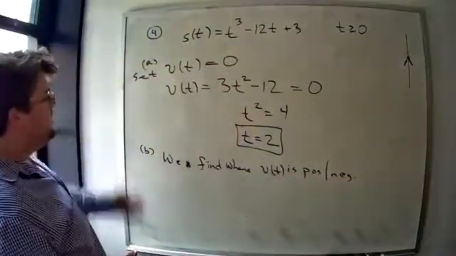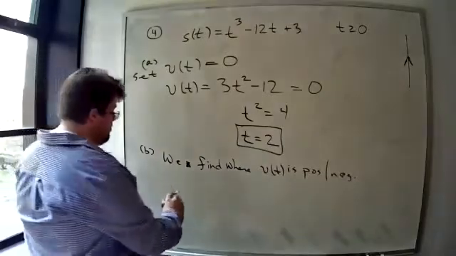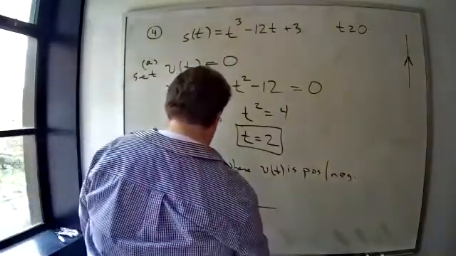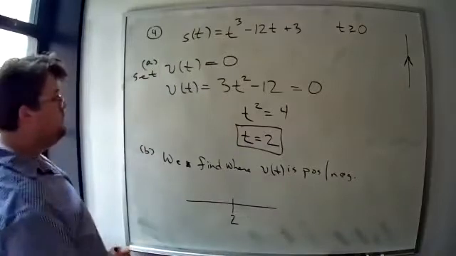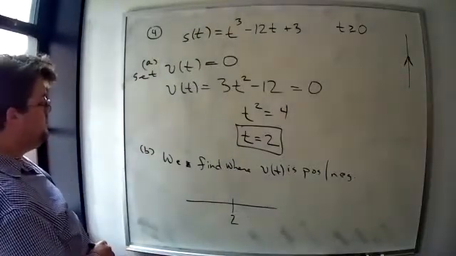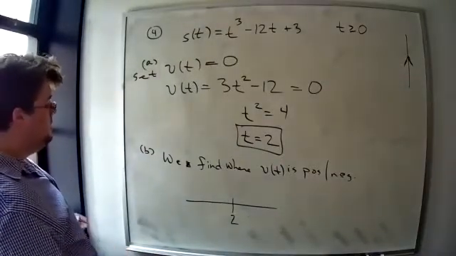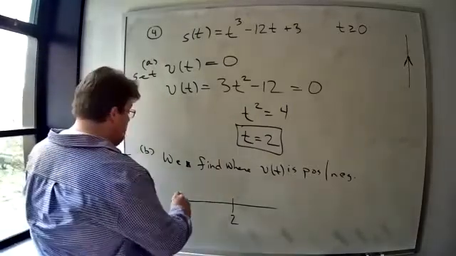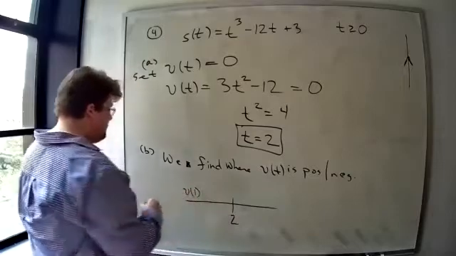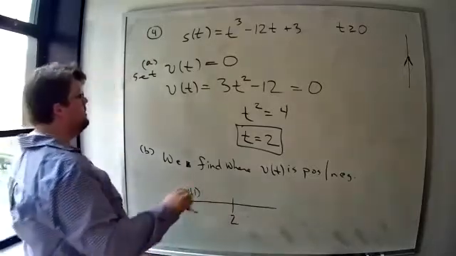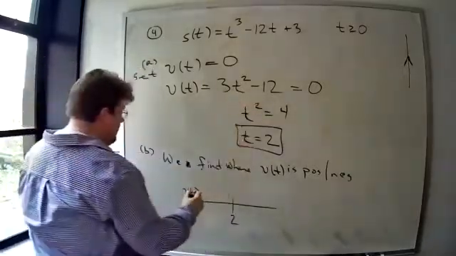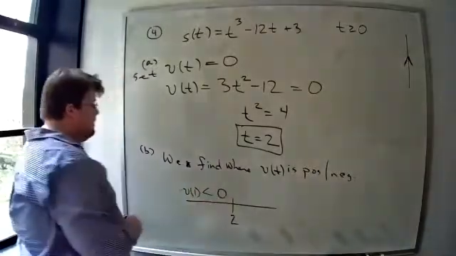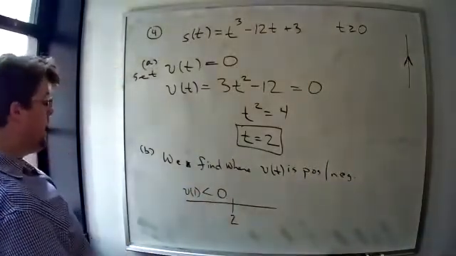Well, how do we do that? Conveniently, in part A, we already have where it's 0. So we know on one side of 2, it's going to be positive or negative. On the other side, it'll be the opposite. So let's look on the left first. Velocity at 1 is 3 minus 12, which is negative.